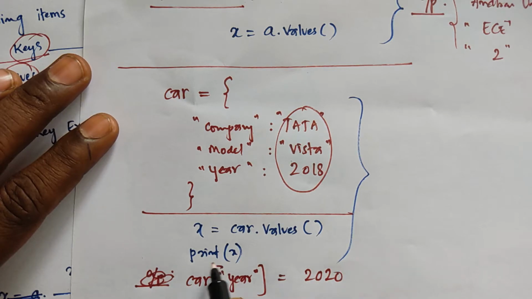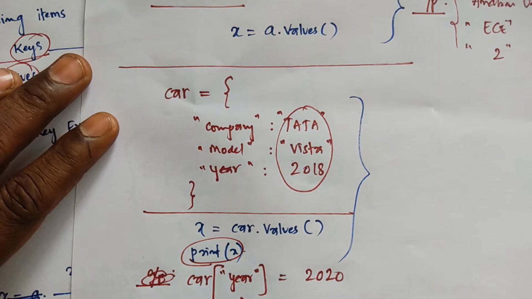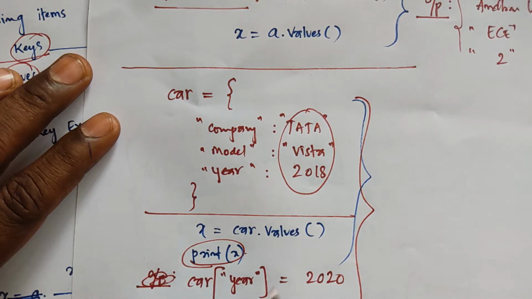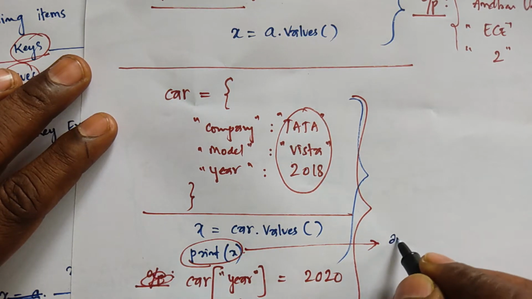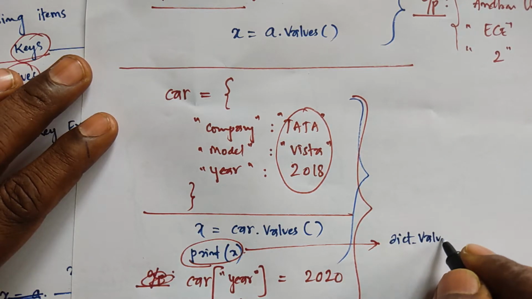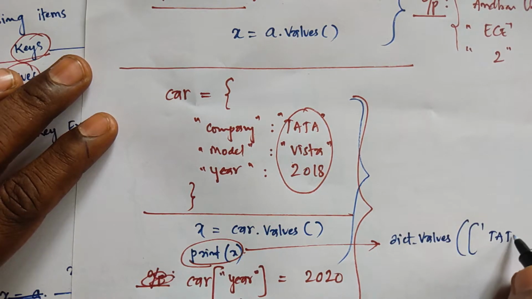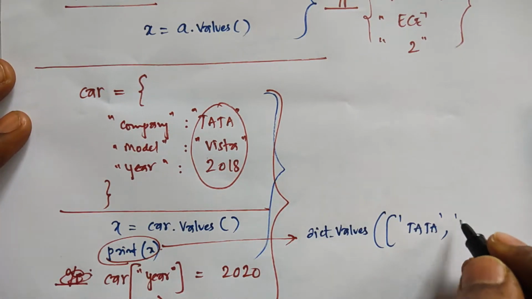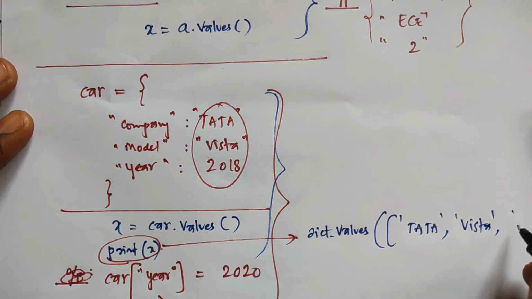Previously we used print x, now we are using print x again. After execution of all these lines, for the first one you get dictionary underscore values, parenthesis and square bracket, the first company is Tata, the next one is Vista, and the year is 2018.